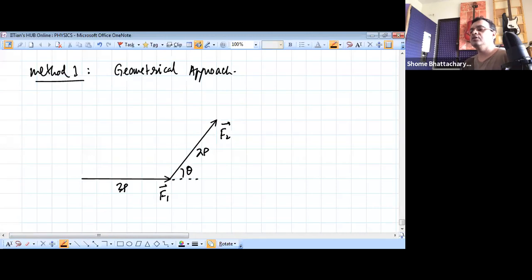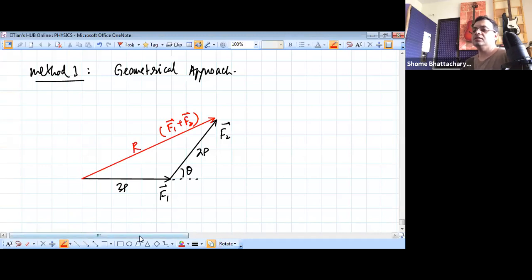So the resultant of f1 plus f2 would be this vector now. This is f1 plus f2, and the question is giving us the magnitude of this as r.